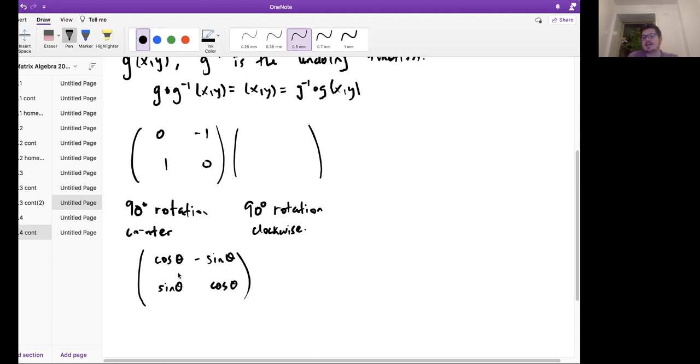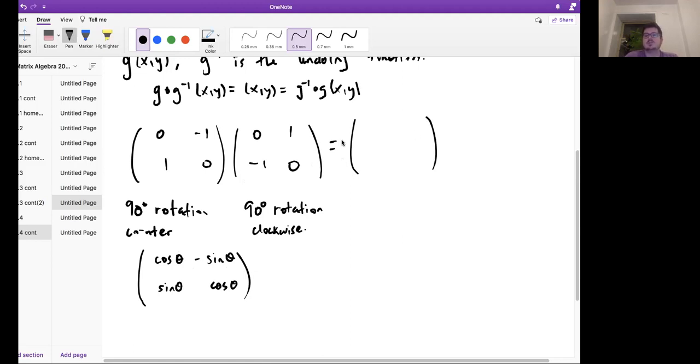If you plug in negative of the angle, that'll get you clockwise. So if you plug in negative 90, you get that. And just check, does this make identity?